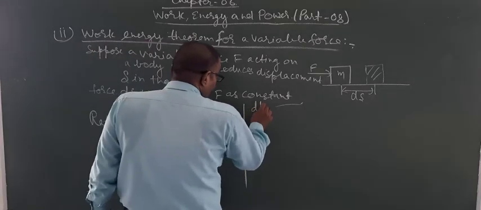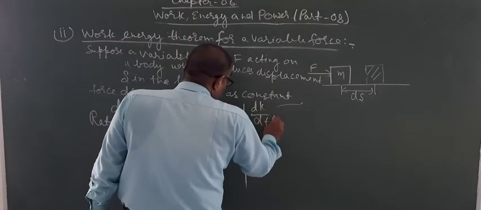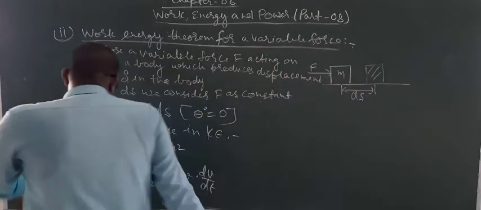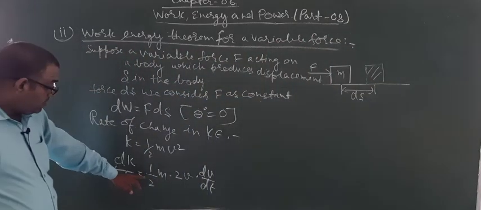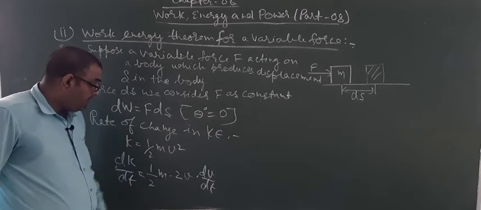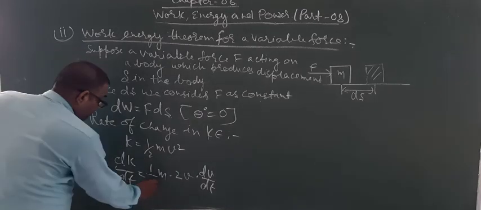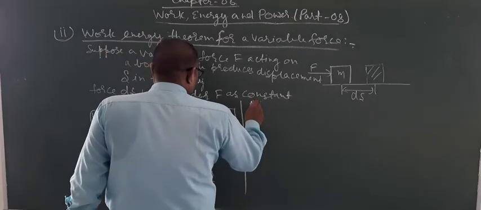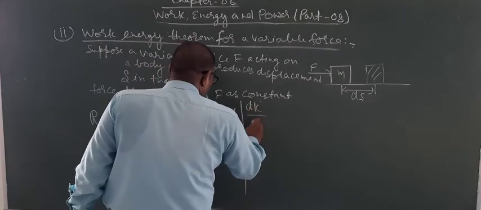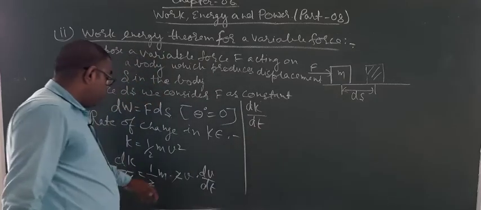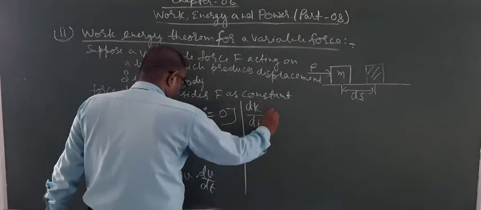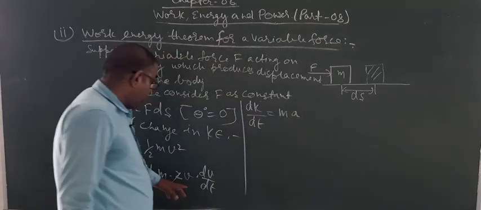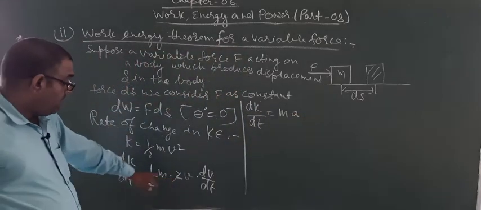dK upon dt. Now dear students, look here, dK upon dt is equal to half m 2v dv upon dt. So this will be cancelled out, and now what will happen? Look here, dK upon dt is equal to m into a, and you can write dv upon dt.